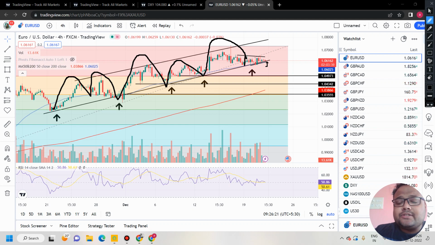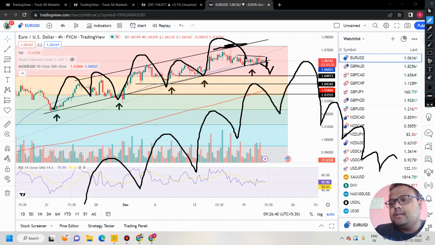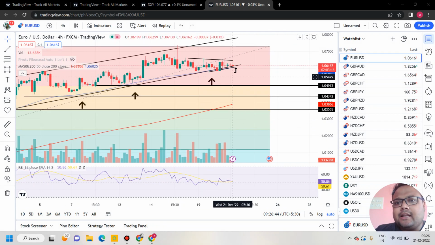So to continue the present structure here, market needs to break the previous high. And right now we can see there's very low momentum in the market, so market may start falling as well. Market may show some correction as well, because whenever market fails to break the previous high, we usually see market changing the character. So if that happens, then yes, market may start falling.